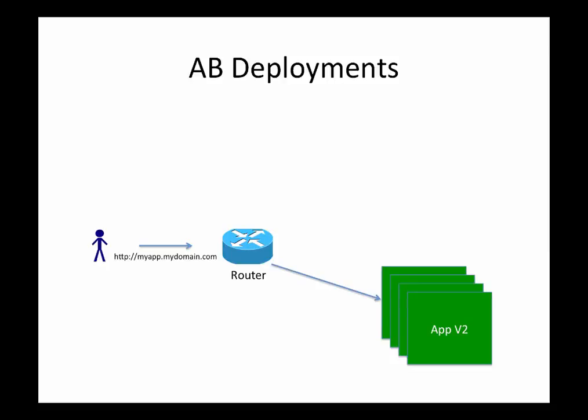Now, this kind of implementation of A/B deployments comes naturally out of OpenShift due to the way in which OpenShift itself is architected. And let's see how that can be achieved with what we have.